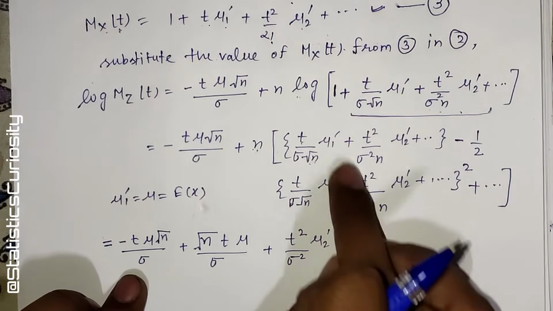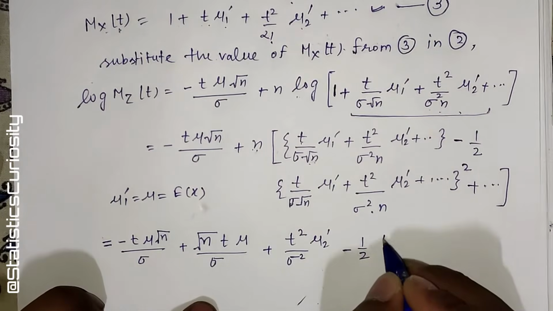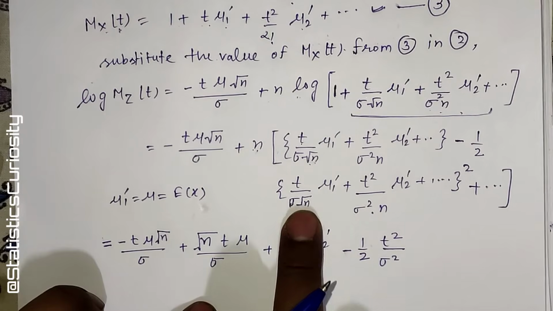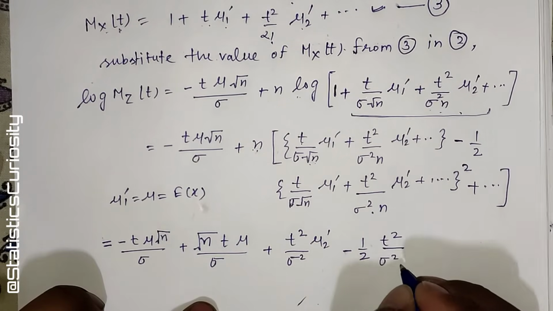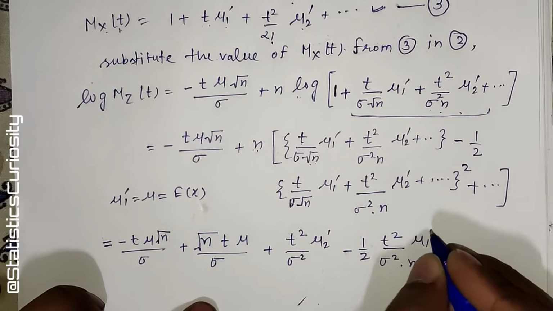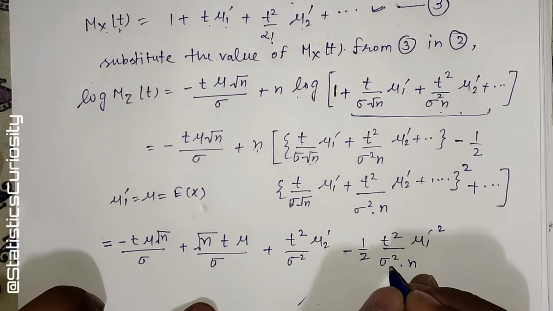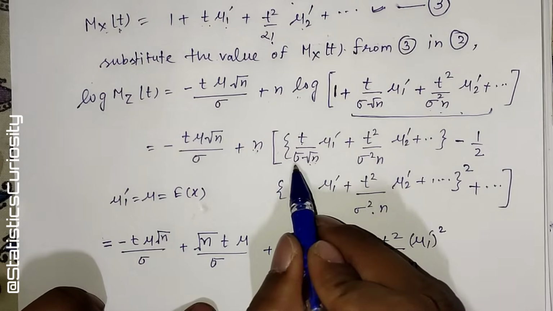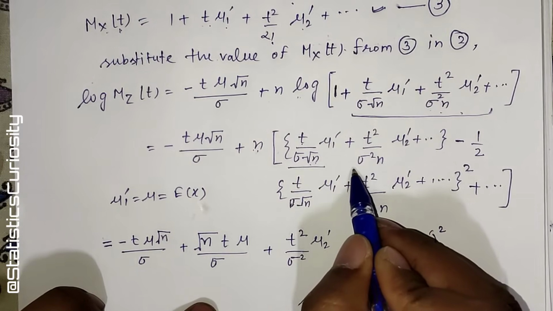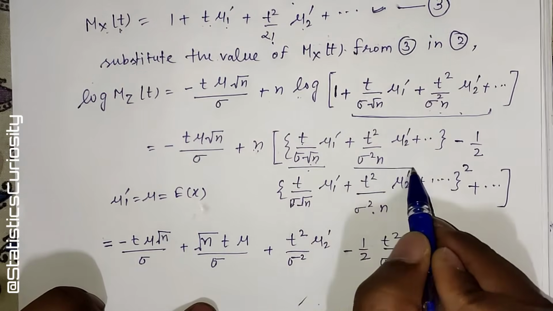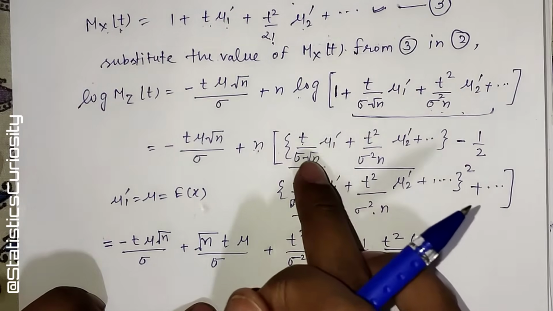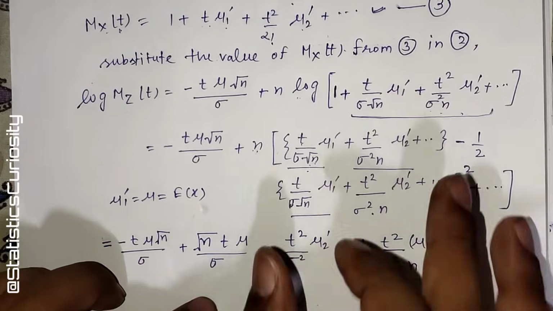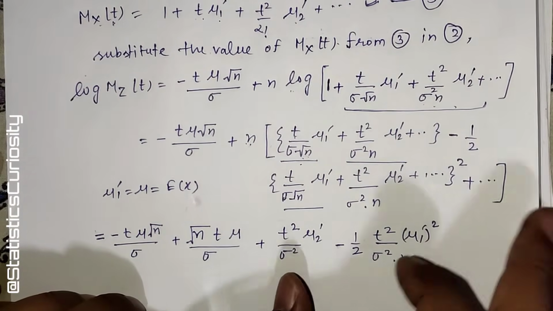So the square of the first term will be t square divided by sigma square, square root of n square is n, mu 1 dash square. Excluding these three terms, every other term will contain n in its denominator. So what we will do?